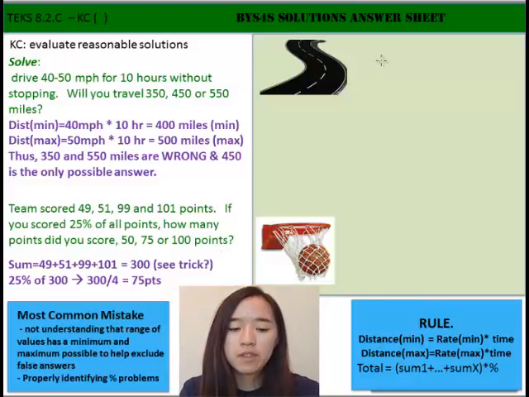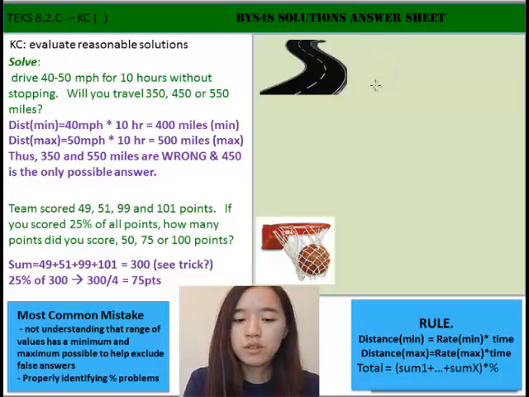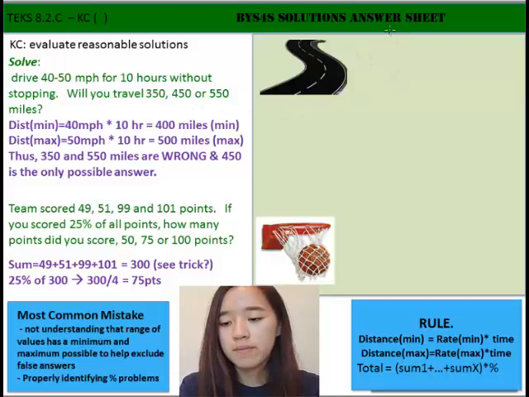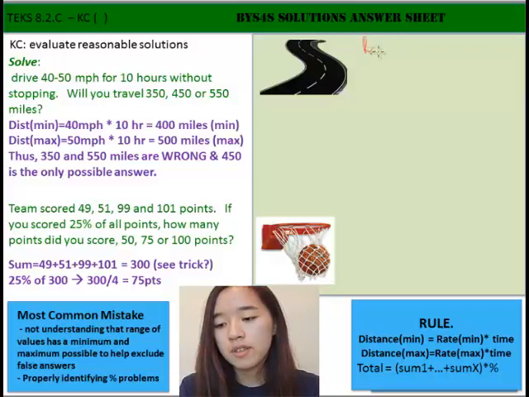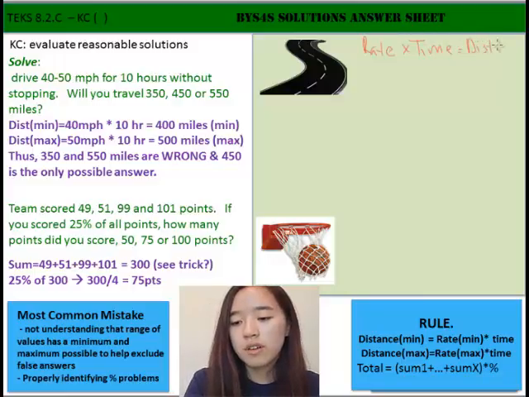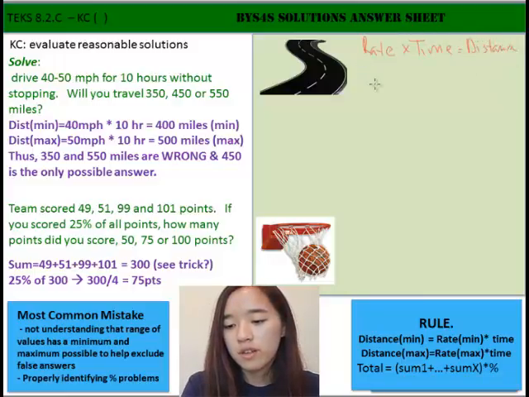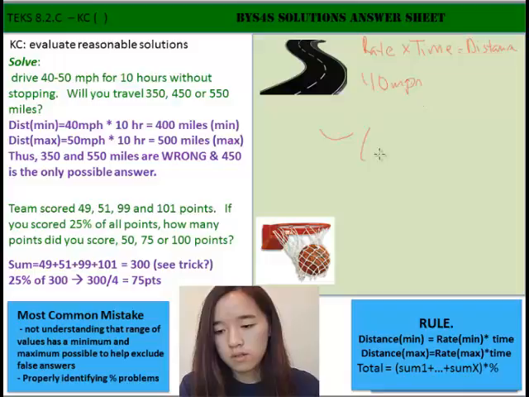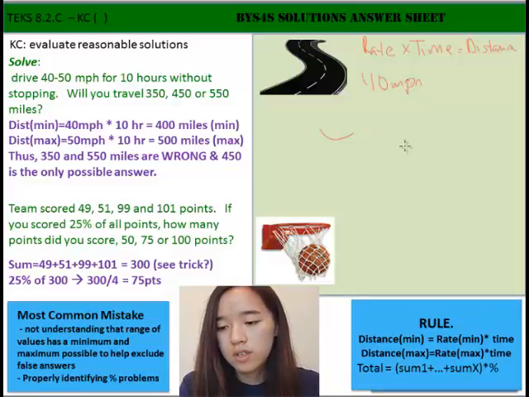Let's start with that rate, and that's going to be our minimum. So in order to find the distance, we always remember that rate times the time we're given is equal to distance. So let's start with our rate of 40 miles per hour times 10 hours.